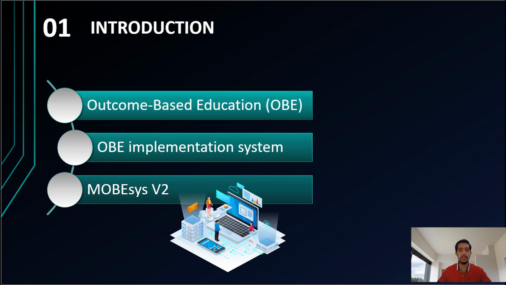So in order to remove those barriers, our system, the MOBE V2, will automate and centralize things, with built-in formulas that take responsibility for calculations like calculating coursework and mapping CLO and PLO. So the lecturer just needs to click and give the orders, like this CLO to this PLO, and that's all.